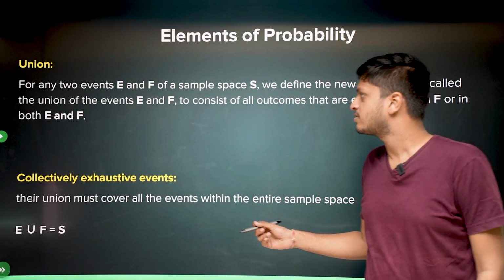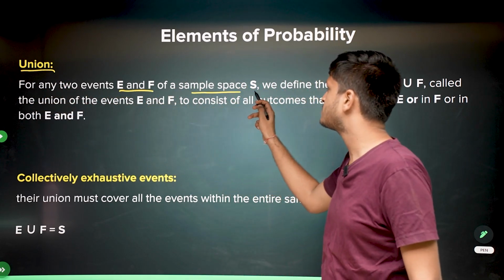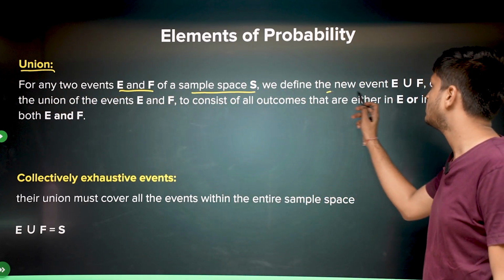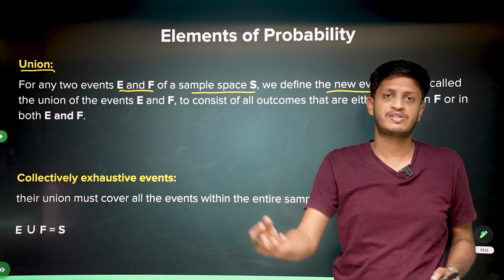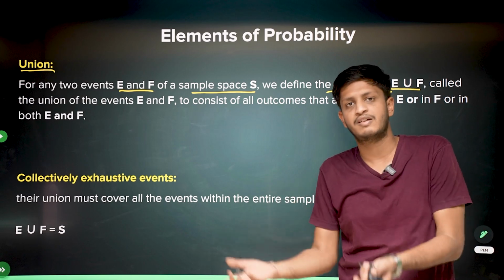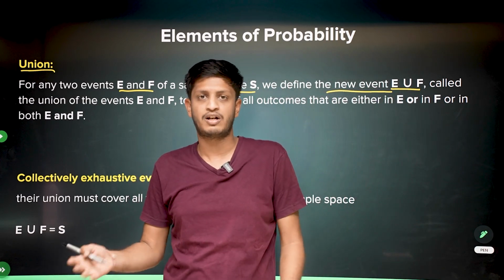Okay. So first one is union. For any 2 events E and F of a sample space S, we define the new event E union F. Now E is an event, F is an event, E union F is also an event, which says that E or F is occurring. Either E or F or both.